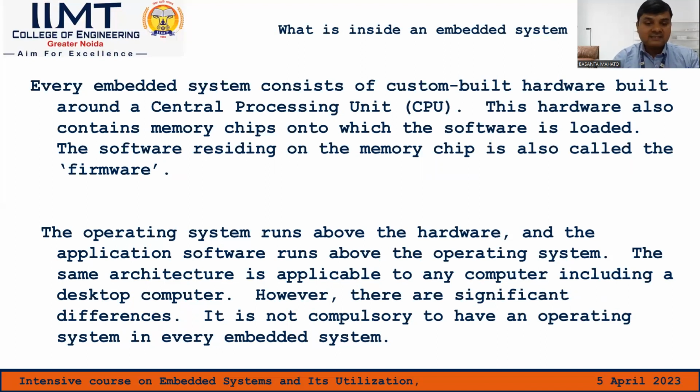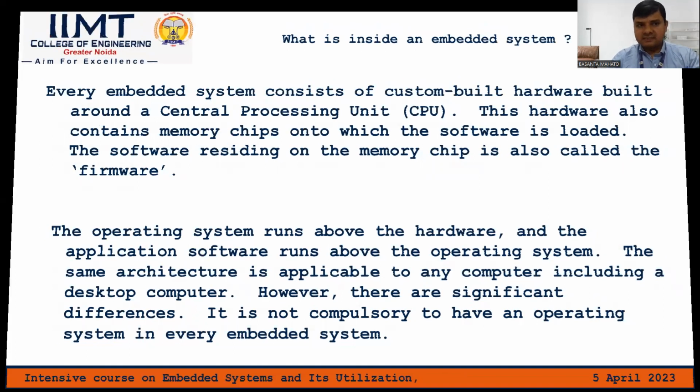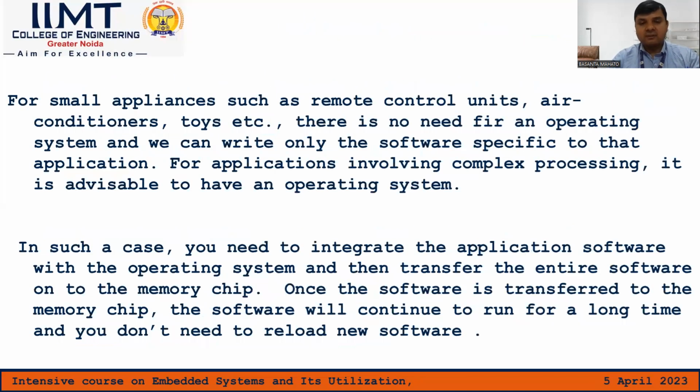But it is not necessary that for every embedded system you need to run an operating system. If you have a small application, then no operating system is required. But in case we integrate the application, then we require the transfer of the entire software onto the memory chip. Then we require an operating system.